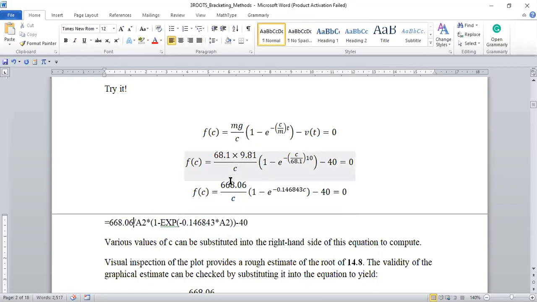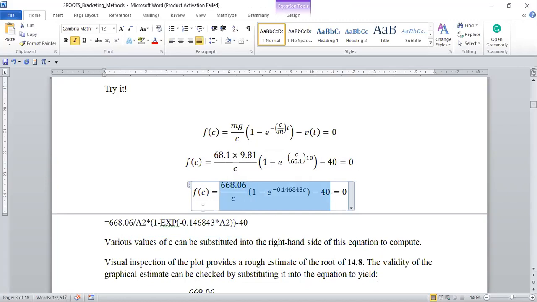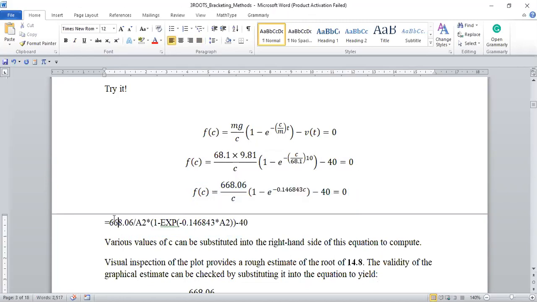This expression here is the same thing as this expression, but in Excel format. So this is 668.06 divided by C, then 1 minus exponential, which is the function for exponential in Excel, minus 0.146843C, then minus 40. This is what I'm going to use.